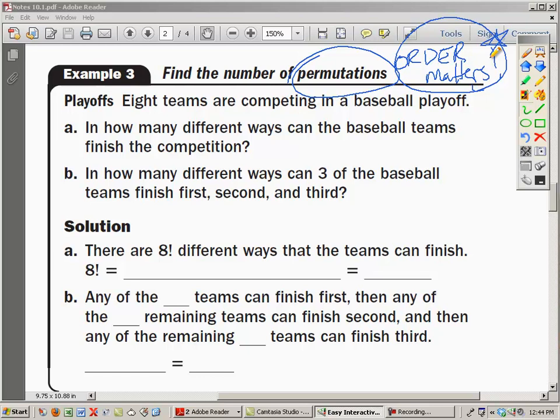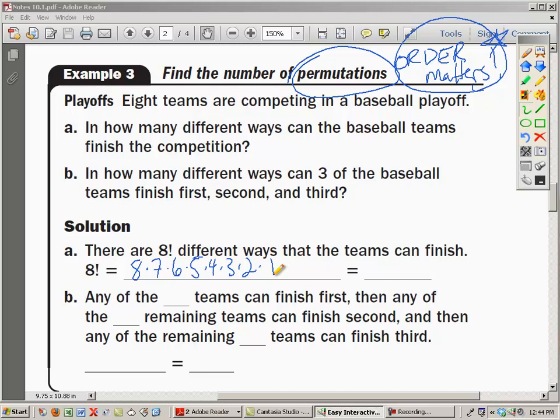In part A, how many different ways can the baseball teams finish the competition? Well, there are 8 choices for the first team, 7 choices for the second team, 6 for the third, 5 for the fourth, and so on. You get all the way down to 8th place, and there'll only be 1 team left, because you can't be a team that's in first place and 5th place. So that ends up being 8 factorial.